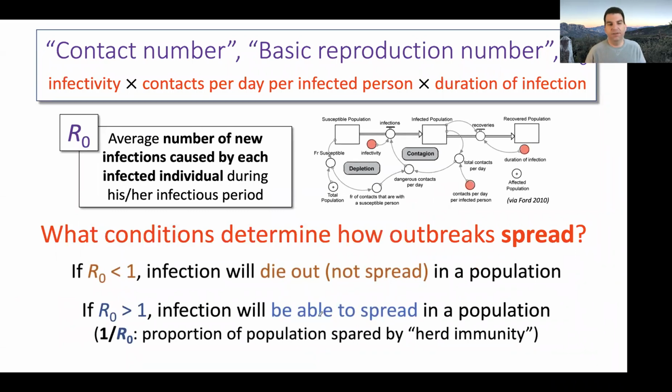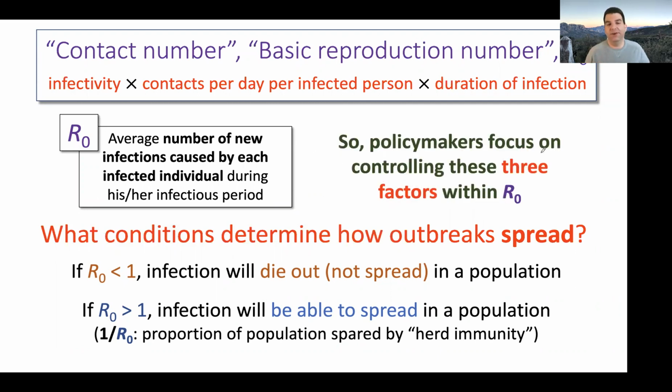Now, why am I going through all of this? Well, now that you know that R naught is determined by these 3 variables, infectivity, contacts per day per infected person, and duration of infection, that tells us as policymakers that we actually have levers that we can work with in order to help control the spread of disease and to predict how diseases will spread if we can measure these things separately.